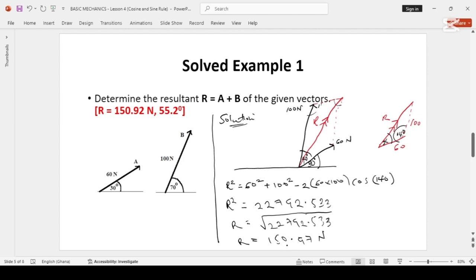After finding the resultant, we know that vectors have magnitude and direction. In finding the direction, we have to apply the sine rule. So in its application, we are going to write the sine rule like this.